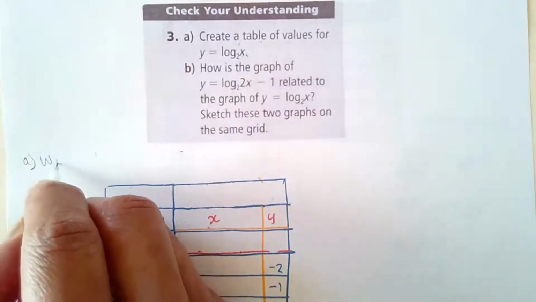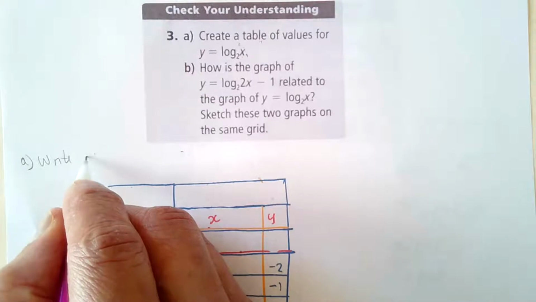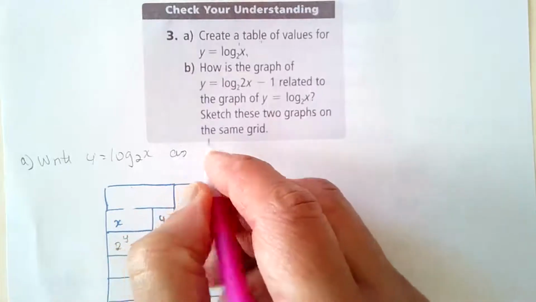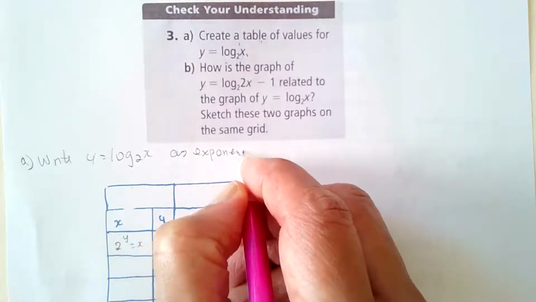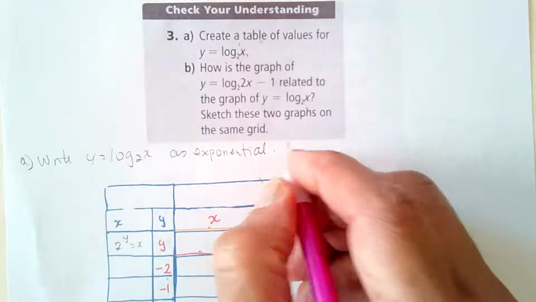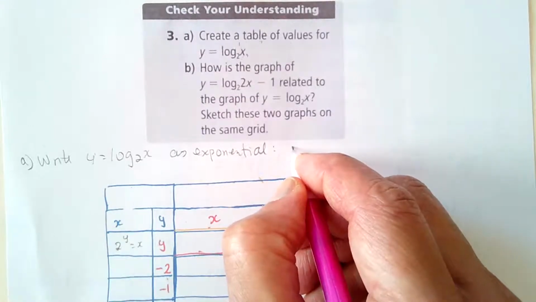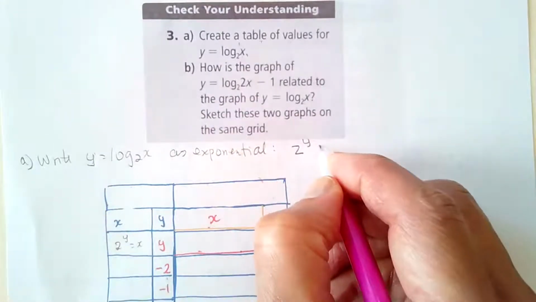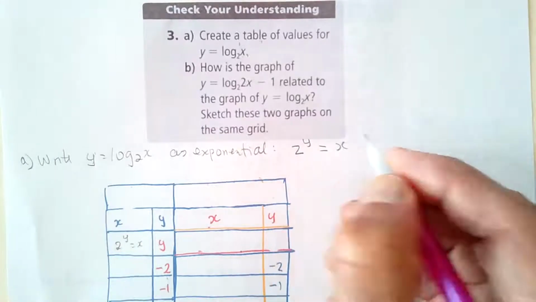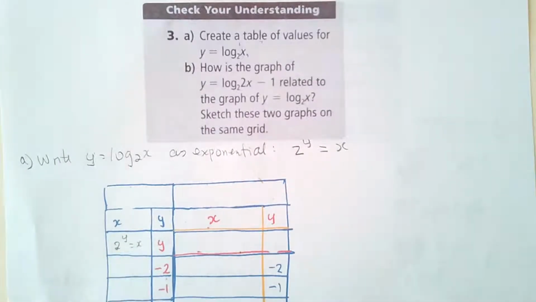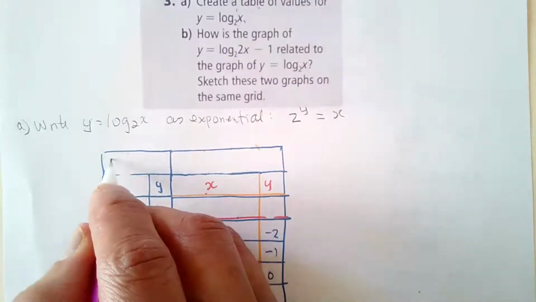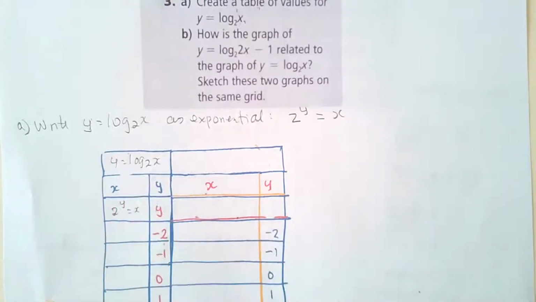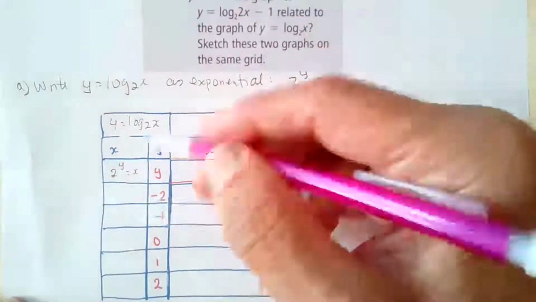So write y equals log base 2 of x as an exponential, which is 2 to the y, this is my exponent here, is equal to x. So I'll create a table of values for these.